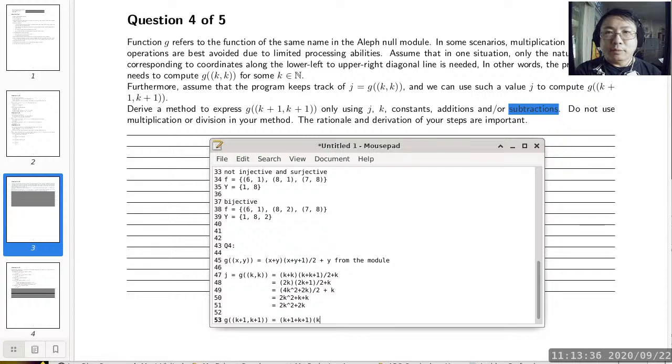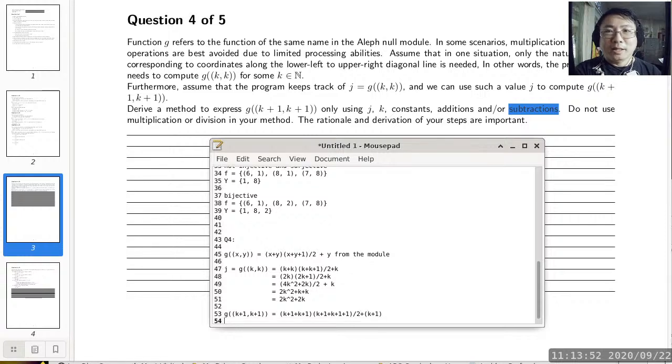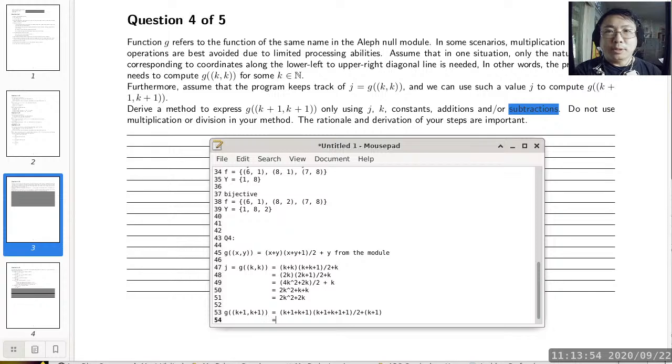And then on the other side we have k, oops, that's not, oh no, that's correct. So then we have k plus 1 plus k plus 1, because x is k plus 1 and so is y. And then we have one extra plus 1 here, and then the whole thing divided by 2 plus k plus 1 over here.